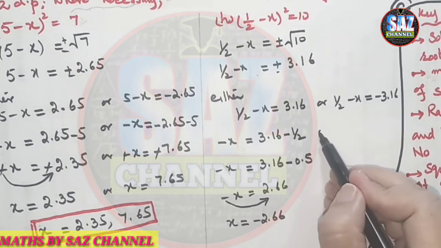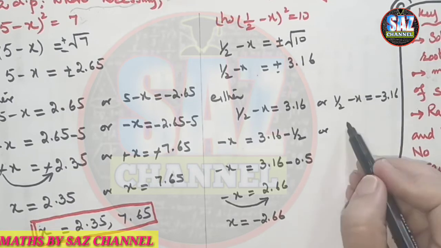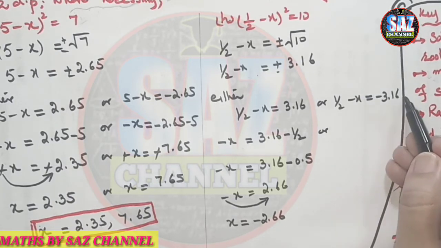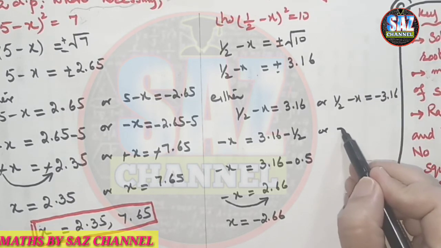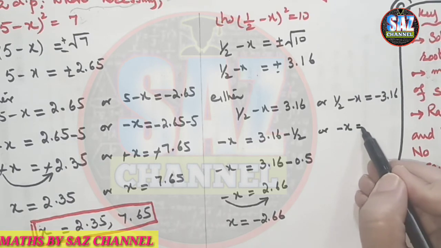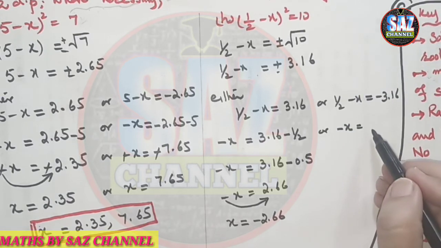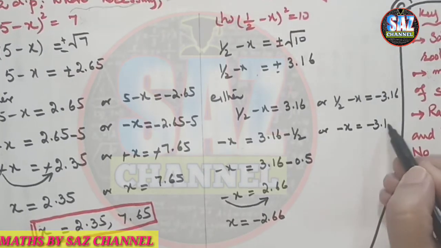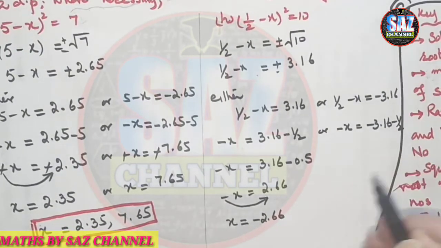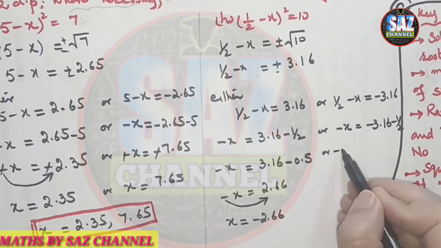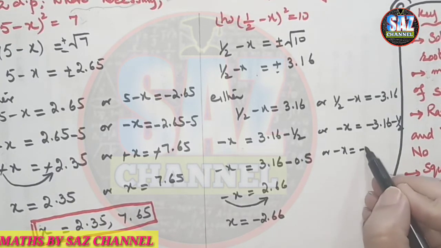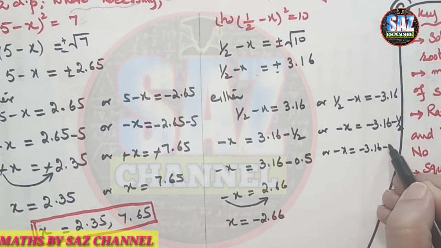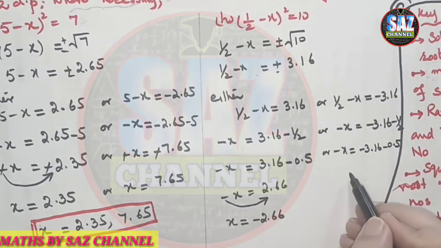Coming to the second part of the question, half minus x equals minus 3.16. Again shift this half to the other side. This is minus 3.16 minus 1 by 2. Okay, minus x equals minus 3.16 minus 0.5.